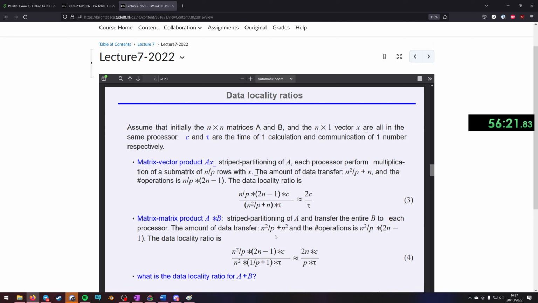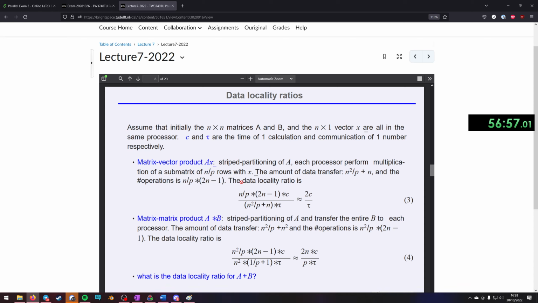because tau is the communication time. As for the calculation time, it needs to calculate n squared over p times n. So no, it needs to calculate, oh, I see. It needs n squared over p calculations to do just the multiplications.